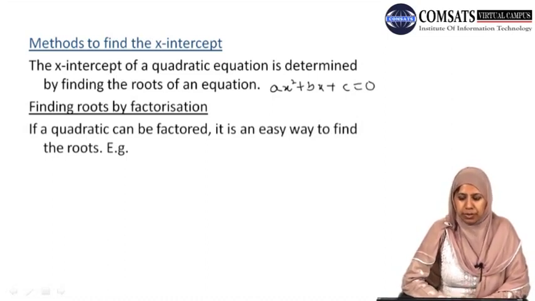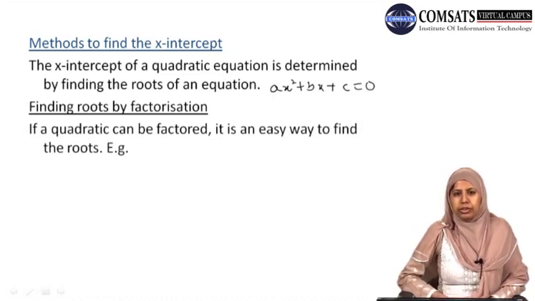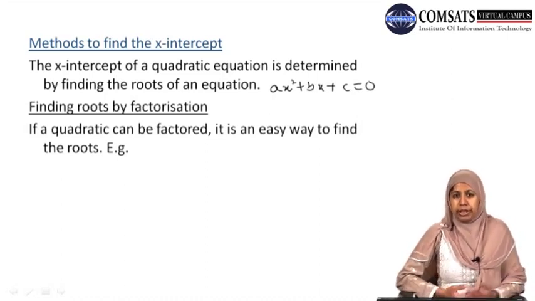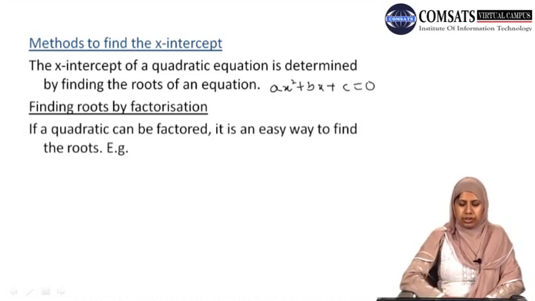degree equations. In second degree equations we have found the roots or the solution set of our second degree equation by two methods. First method was by factorization, by factoring our quadratic equation, or by using the quadratic formula.